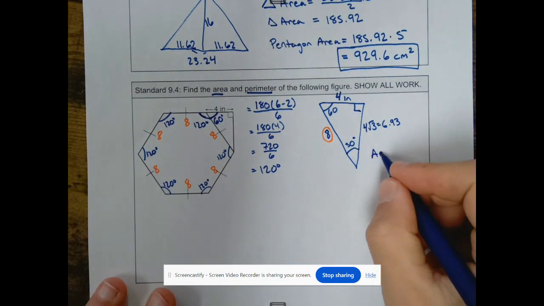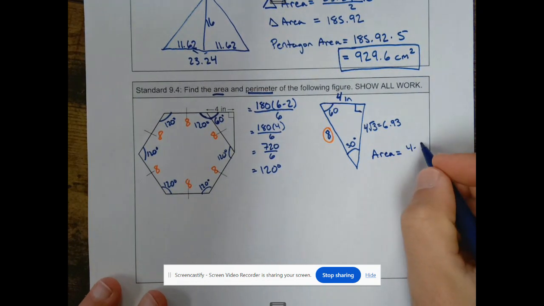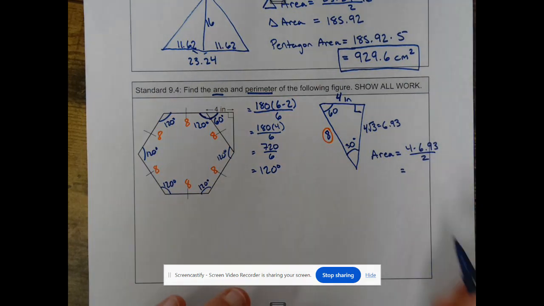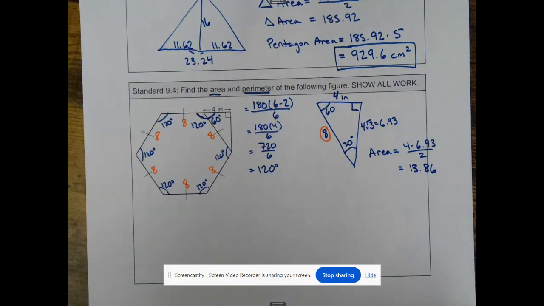The area of this triangle equals 4 times, we can do a decimal, 6.93 divided by 2. So the area of this triangle is what? 4 times 6.93 divided by 2 is 13.86. So that's the area of that little triangle.